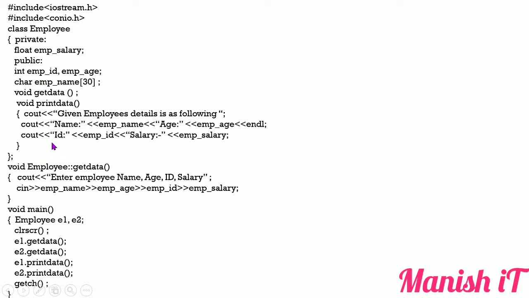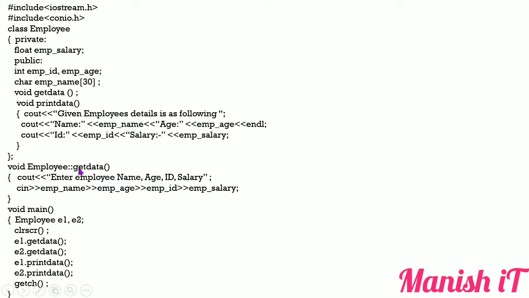Another question is how we can access our member function from outside the class. The syntax for it is simply the return type, the class name, and then the scope resolution operator. The colons are nothing but the scope resolution operator; it is a rule.